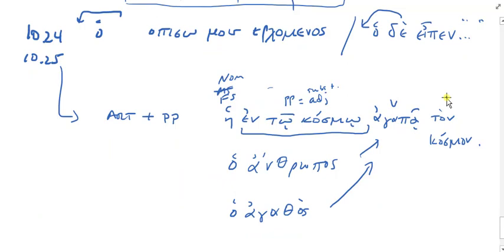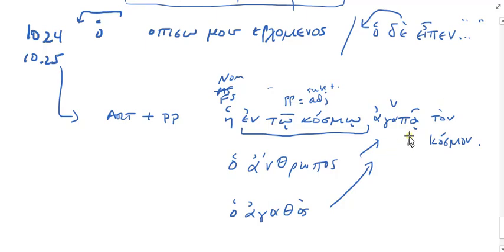All right, let's go to 10.24. This is the last couple sections here. He deals with some article usage and points out that the article seems to have a weak demonstrative use in some situations.